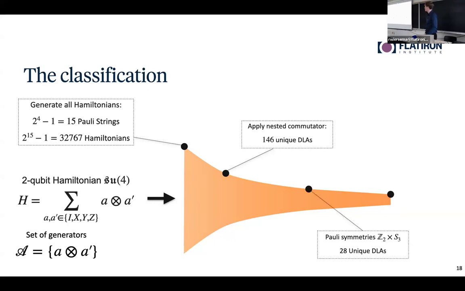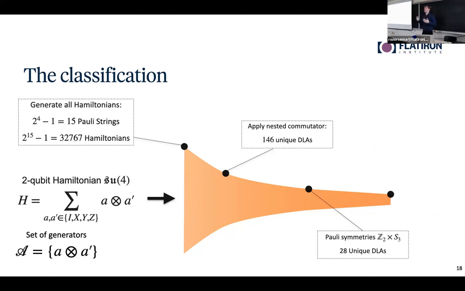Then you realize that the Pauli matrices have lots of symmetries. In particular, you have this Z2 symmetry, which is because we have a 1D system, it doesn't matter if we do IX or XI. So this is a sort of physical symmetry. And then this S3 is, it doesn't matter if you have, say, an XX term or a YY term or a ZZ term.